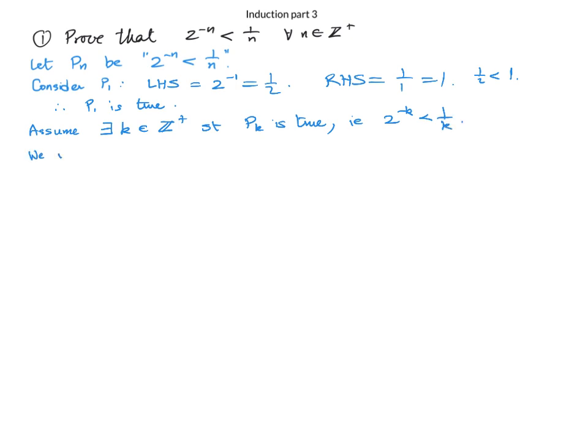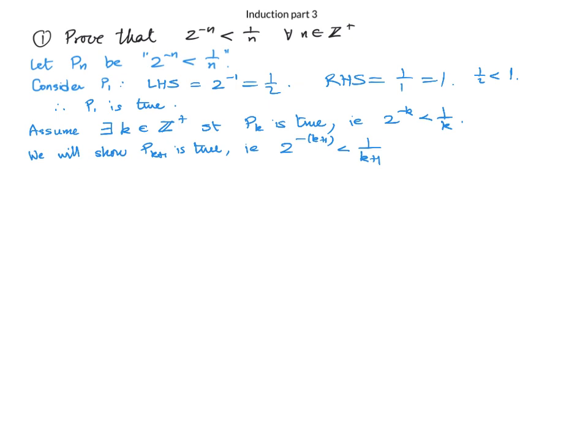We will show P(k+1) is true, i.e. 2 to the negative quantity k plus 1 is less than 1 over k plus 1.